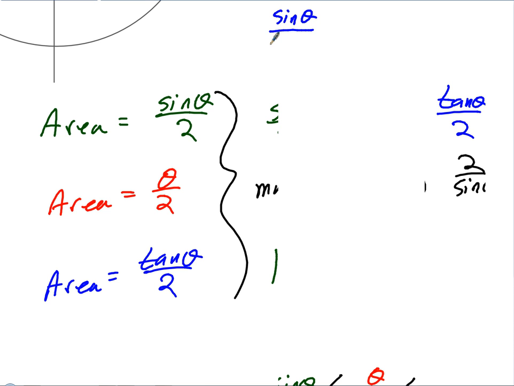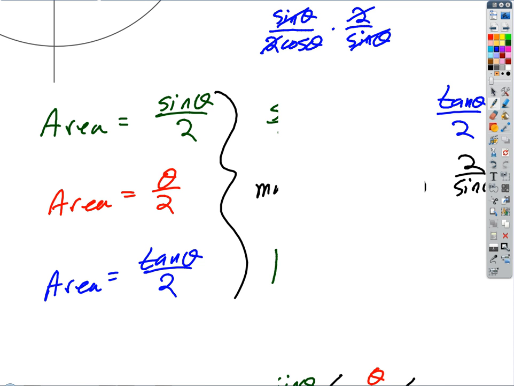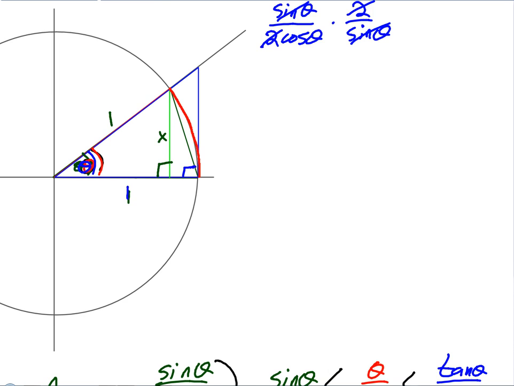Sine theta over 2 cosine theta, that's tangent theta over 2, times 2 over sine theta. So what do I get? Okay, good. 1 over cosine theta.